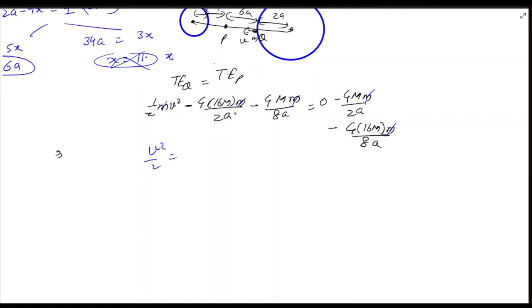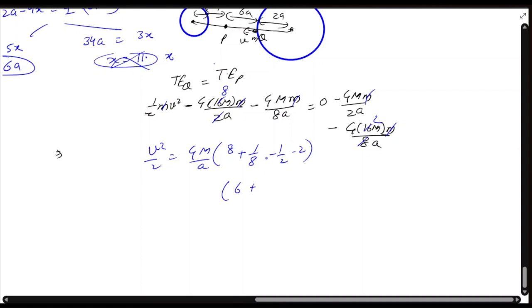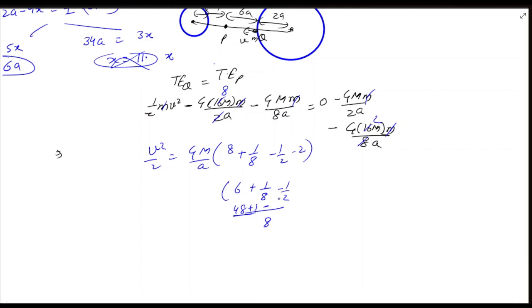This will go here and become plus, so we have GM, and taking a common, 8 plus 1 by 8 minus 1 by 2, and this will be minus 2. So we have 6 plus 1 by 8 minus 1 by 2, so 8 will be the LCM. So 8 into 6 is 48, plus 1 minus 4.